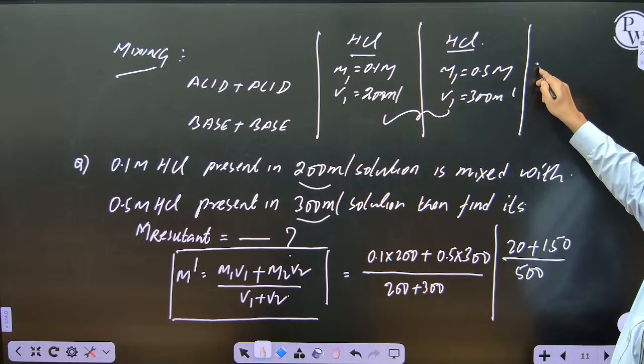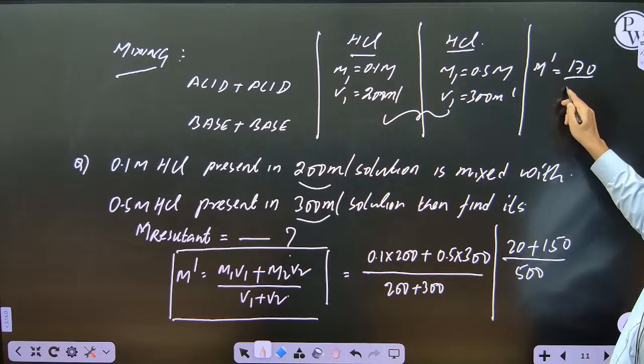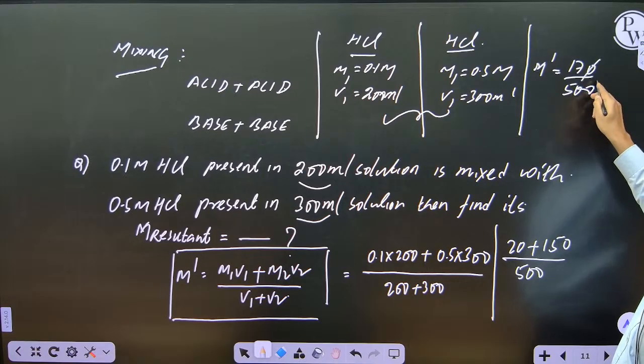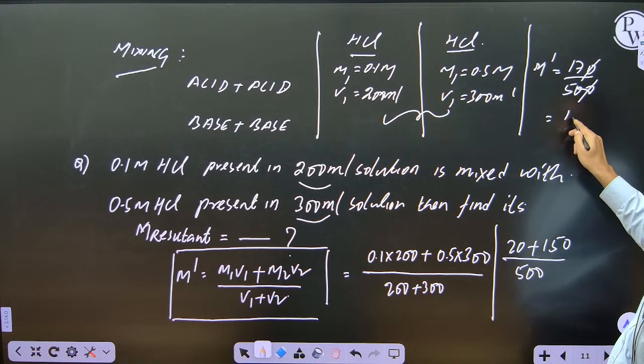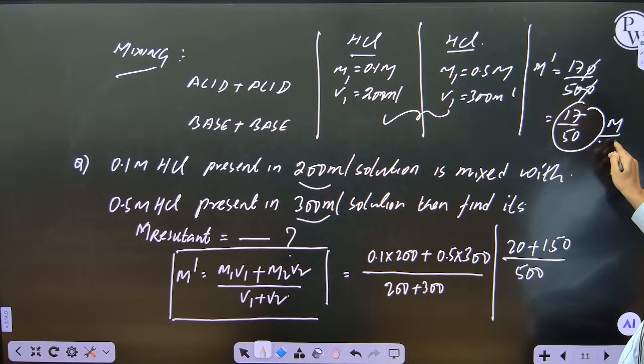So molarity of the resultant solution will be 170 upon 500. The zero gets cancelled, so 17 upon 50. Understood?